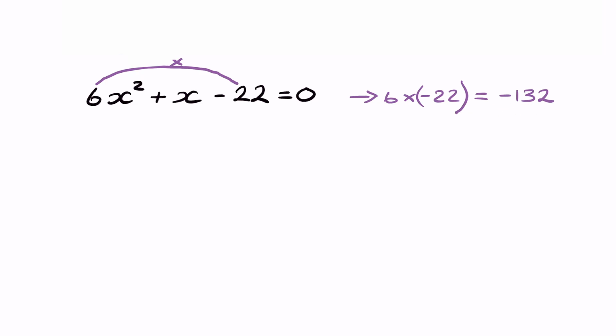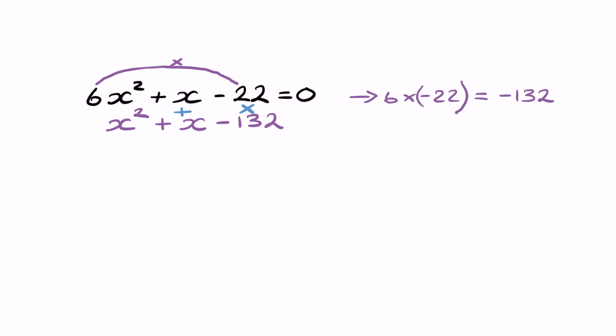So rewrite the quadratic without the coefficient of x squared. So you do x squared, instead of negative 22 you do negative 132, and now what we're going to be looking for is the same as before. We're going to be looking for 2 numbers that multiply to make negative 132, but they have to add to make a positive 1, and the numbers are definitely going to be quite close, aren't they?